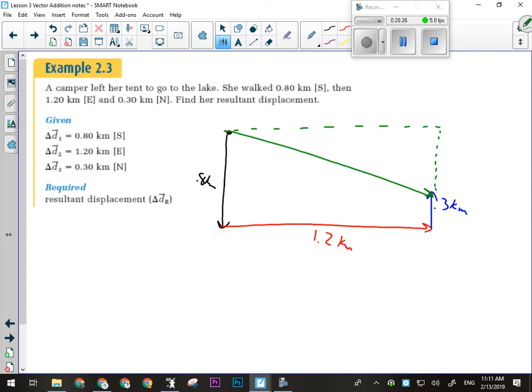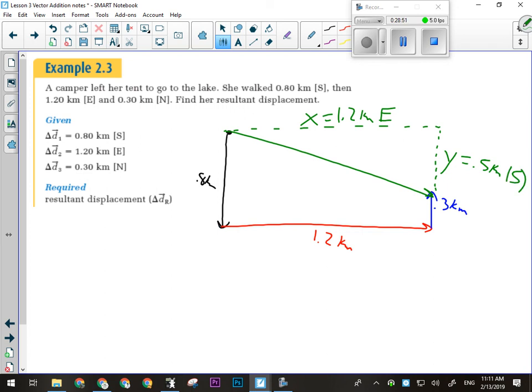Can I figure out this and this? The x is pretty easy. How big is x? 1.2 kilometers, right? So we're making a rectangle here. So x equals 1.2 kilometers east, and y equals 0.5 kilometers south.